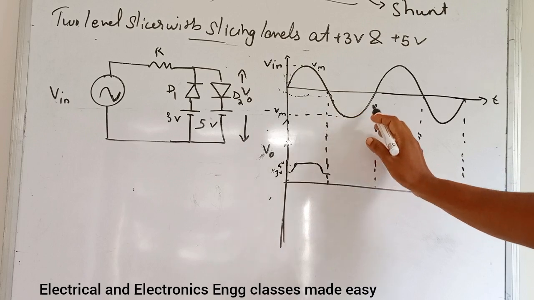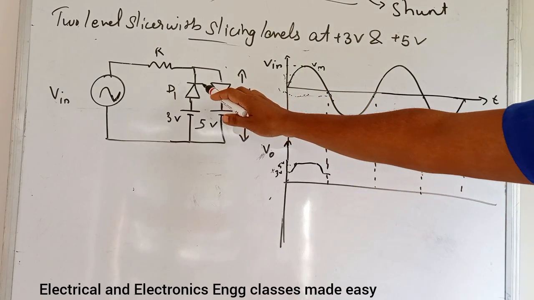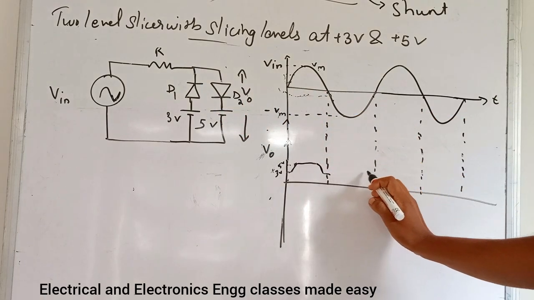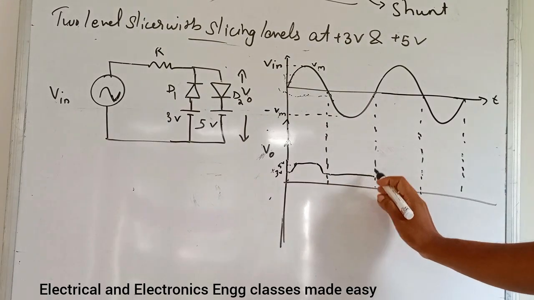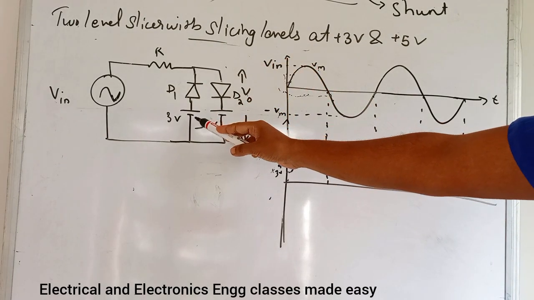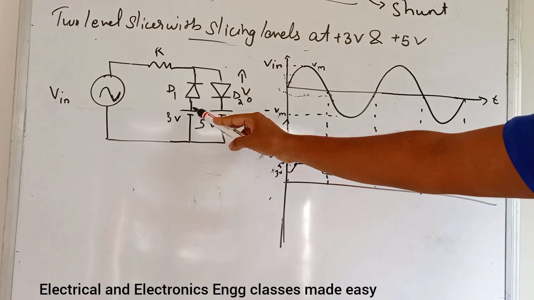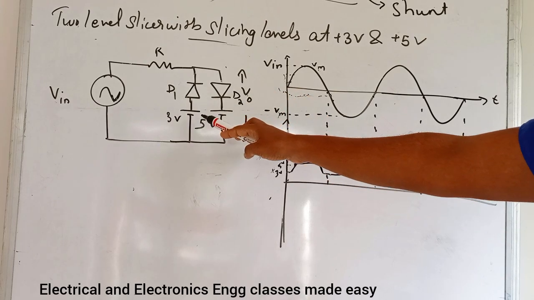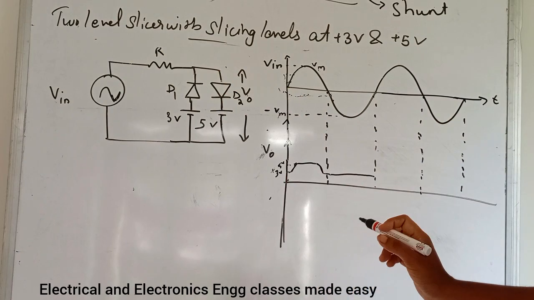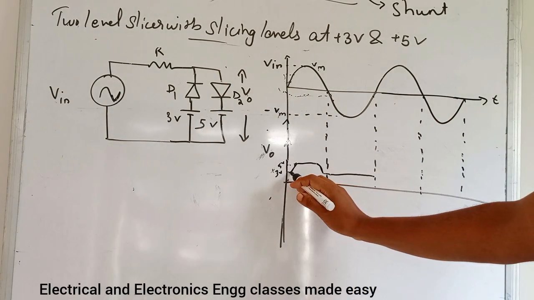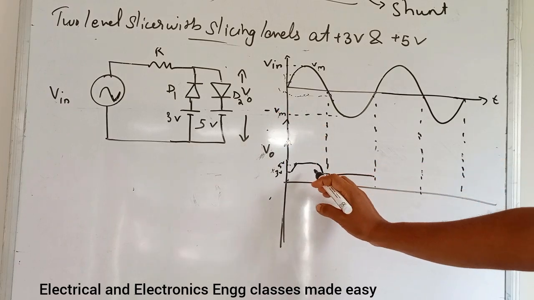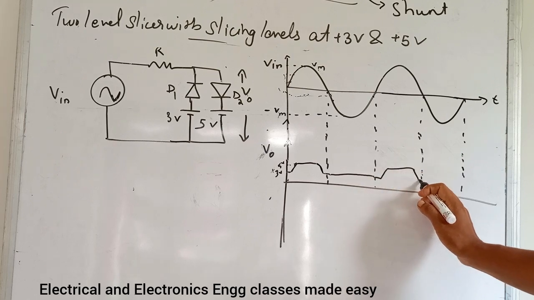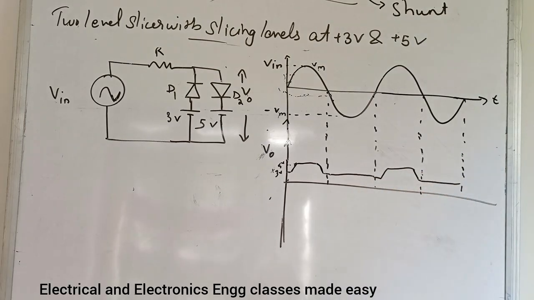That is during the negative half cycle also, here this diode D1 will be conducting during the negative half cycle. But when this voltage source is up to 3 volt, up to 3 volt, here this diode D1 will not be conducting. So it will be maintaining a voltage level between this 3 volt and 5 volt. So we will get a waveform like this.